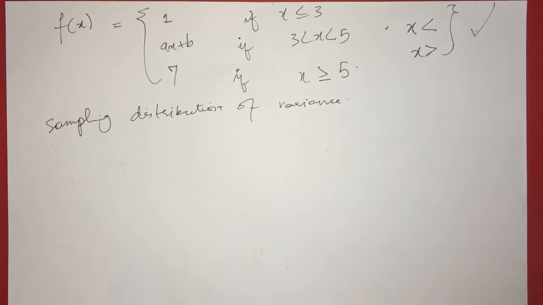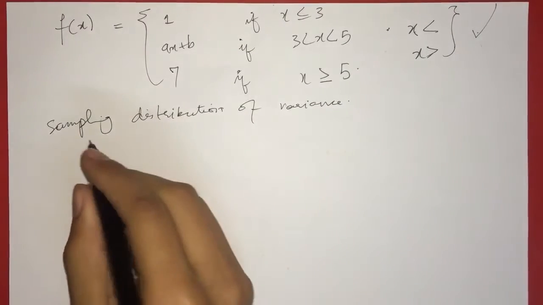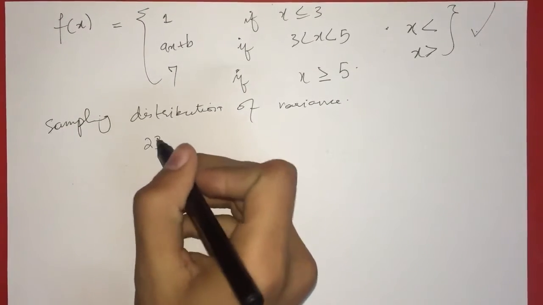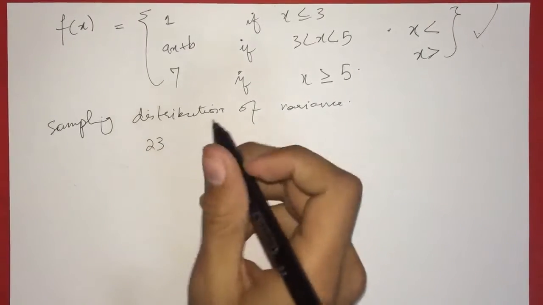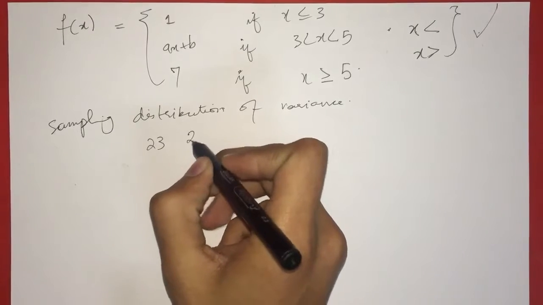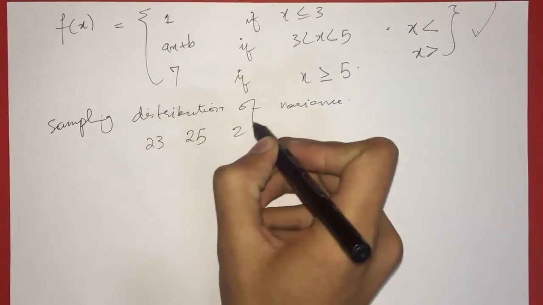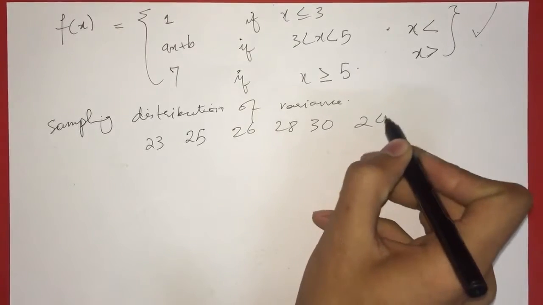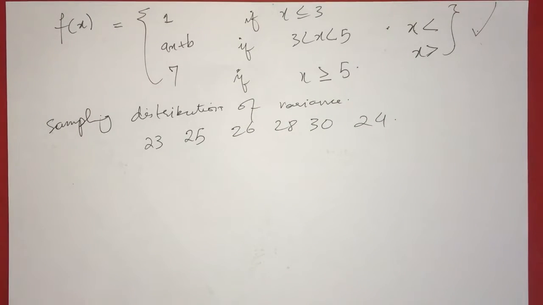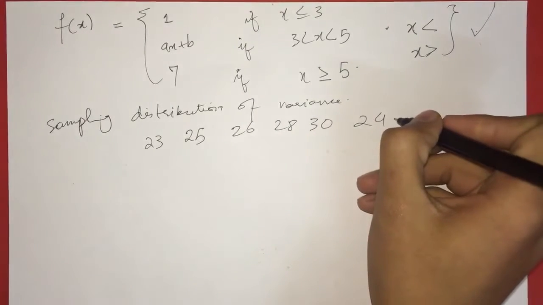Right here, we had data. We had the prices of n objects, which are these: 23, 25, 26, 28, 30, and 24.